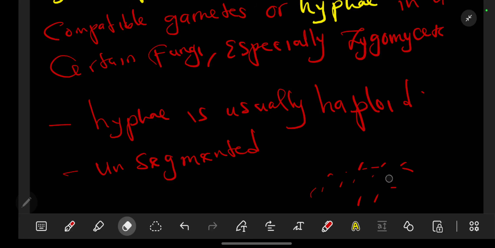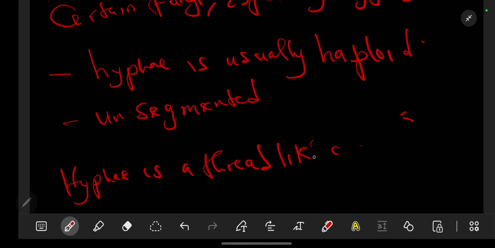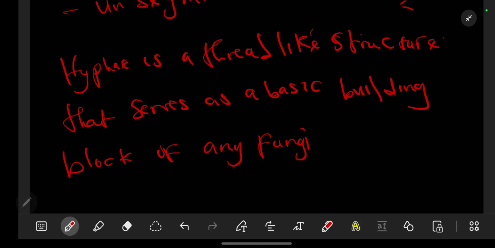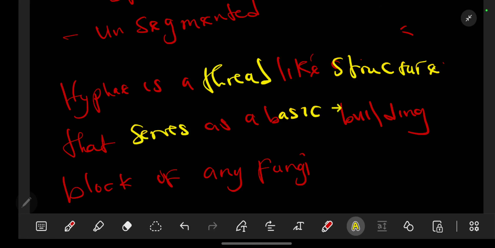Now when we look at the other things, by definition, hyphae is a thread-like structure that serves as a basic building block of any fungi.